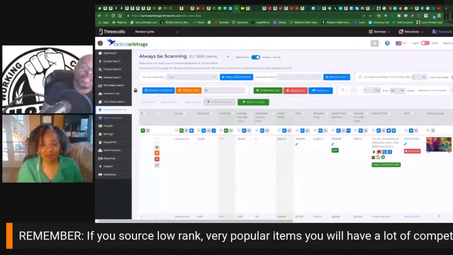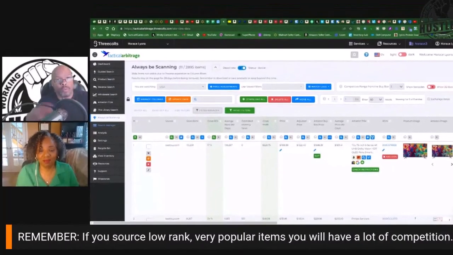Remember, if you source low rank, those are the products that are really, really moving. If you want low rank, very popular items, you're going to have a lot of competition. Okay. Peep game. You can pick one product because the tools are telling you that it's selling 500 units a month, or you can pick 10 products and they may be getting 10 sales a month across those.